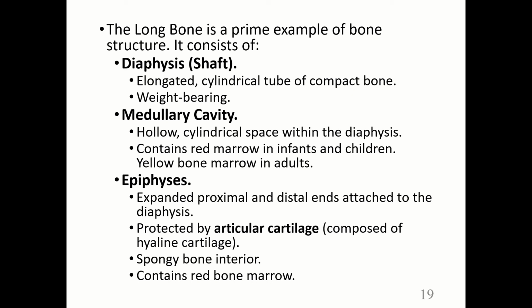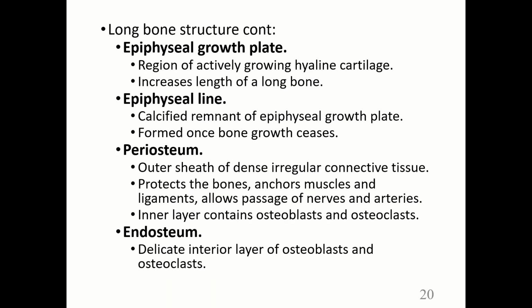The epiphyses are expanded proximal and distal ends attached to the diaphysis. They are protected by articular cartilage, which is composed of hyaline cartilage. Epiphyses have a spongy bone interior that contains red bone marrow. Other important parts of the epiphyses include the epiphyseal growth plate, which is the region of actively growing hyaline cartilage.